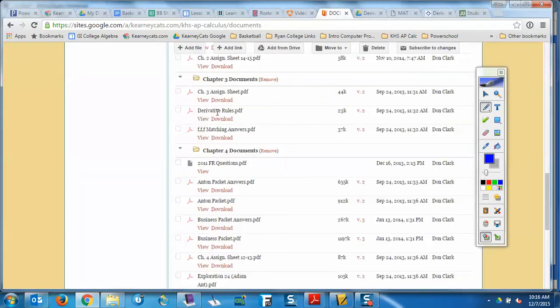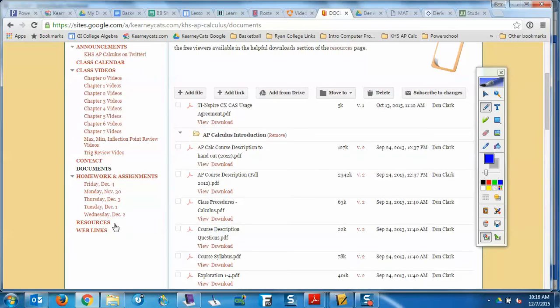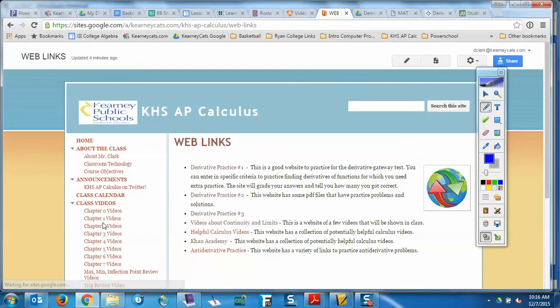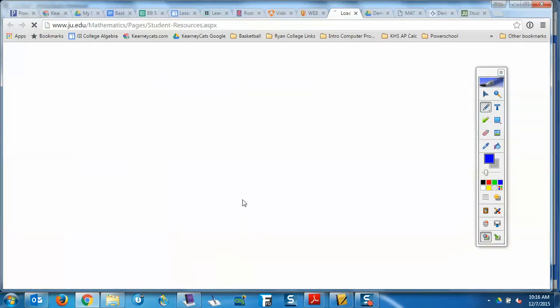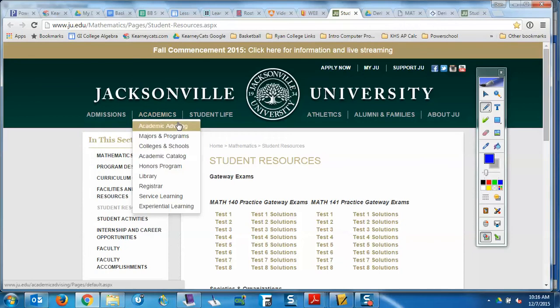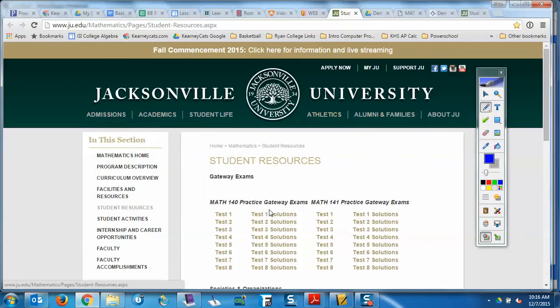All right, and if you go under the web links, I've added a third one here that's a lot like the second link. This is from Jacksonville University. Math 140 is their Calc 1, and Math 141 is Calc 2. And so here's the tests, and here's the solutions.